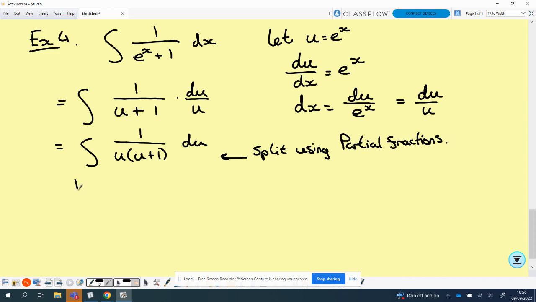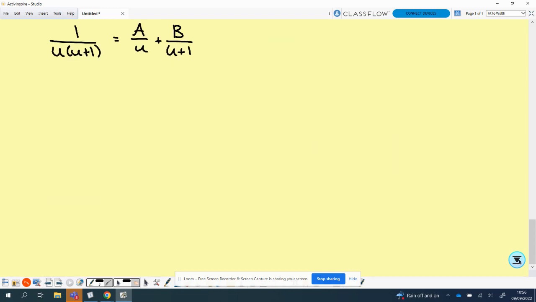Okay, so if I just focus on the actual fractions, so I've got 1 over u bracket u plus 1. That's going to be a over u plus b over u plus 1. Okay. If we then tidy that up, that's going to be a with the bracket u plus 1 plus b times u over u bracket u plus 1.